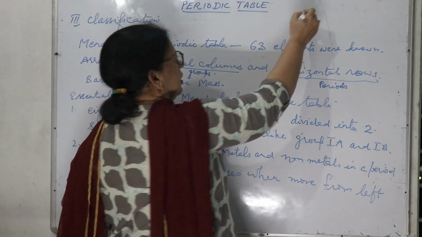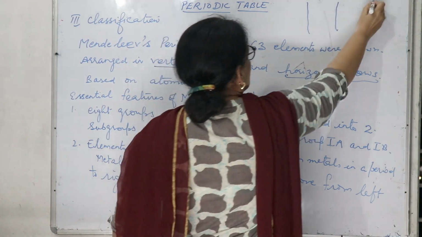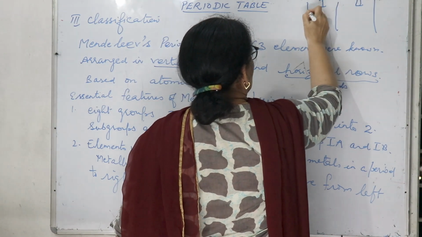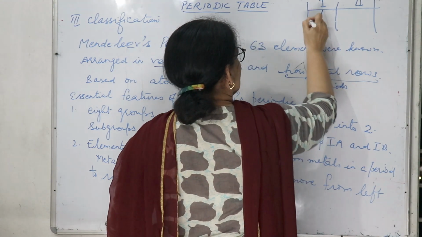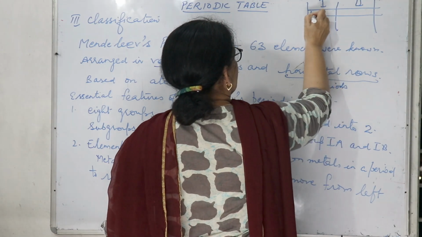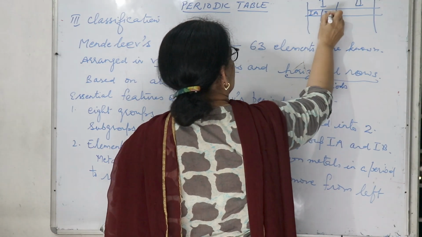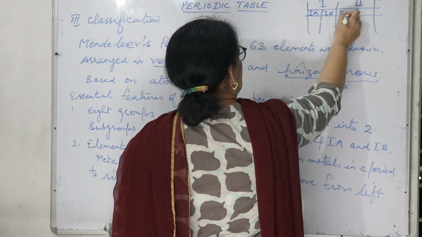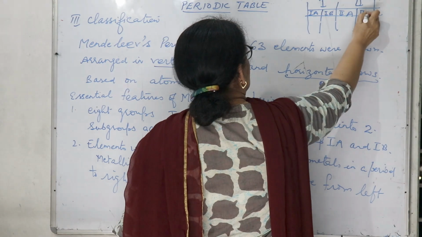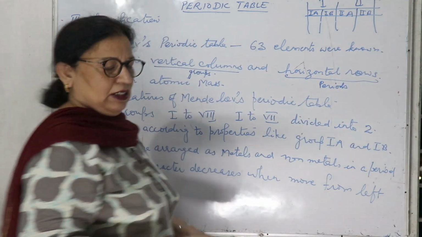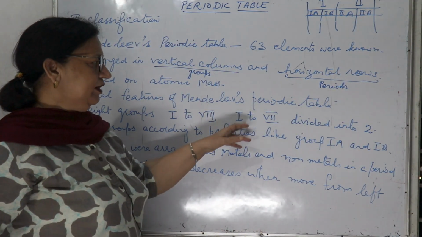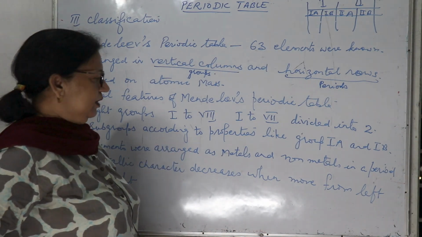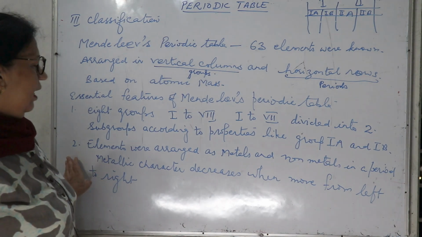Suppose this is group 1 and this is group 2, and this is again subdivided into 1A, 1B, and this is 2A and 2B, like this. So up to 7 he divided the groups into 2 subgroups according to the properties of elements.